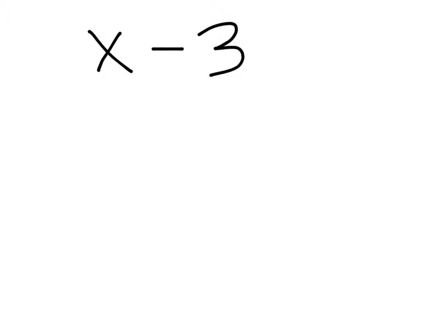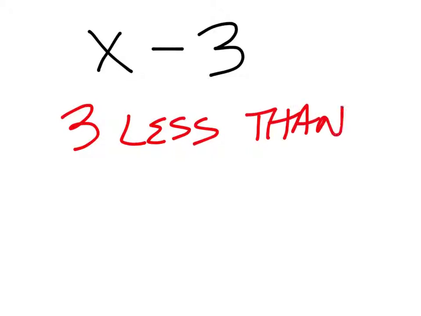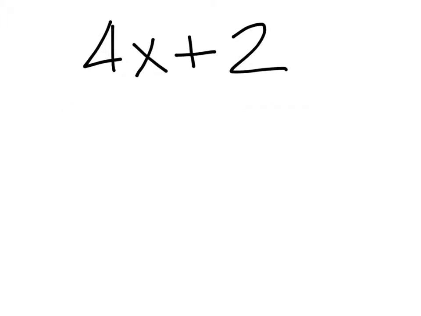X minus 3. How would I write that? Yes. 3 less than a number. And as with before, I don't expect you to write all this out. I'll write it out, but if we wait, then it'll drag on and you have less of a chance of understanding it. 4x plus 2.